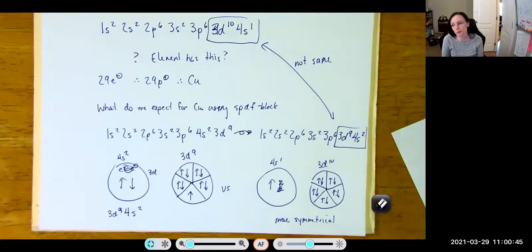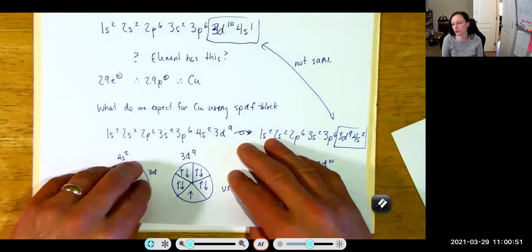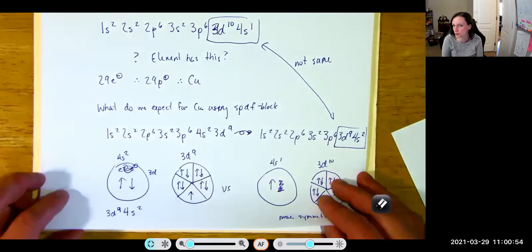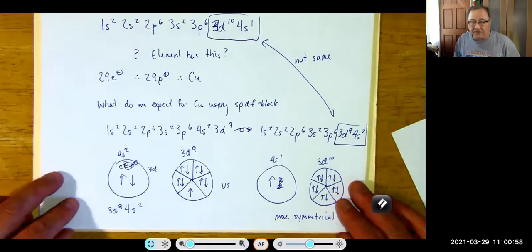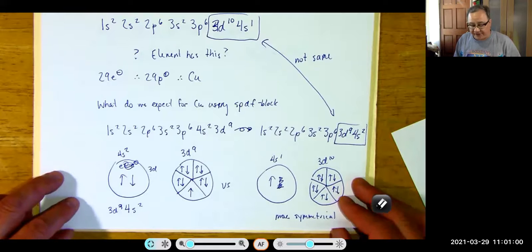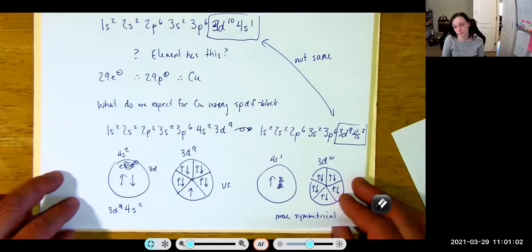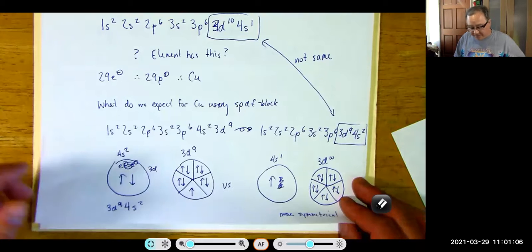And it's weird because we have a larger shell with electrons in it when a smaller shell could have those electrons. It's weird because it doesn't fit our model for predicting electron configurations.